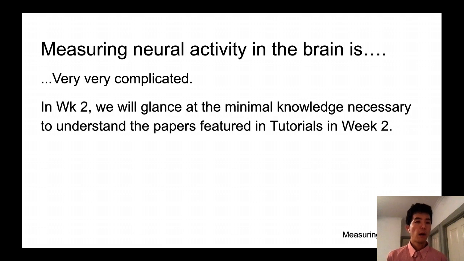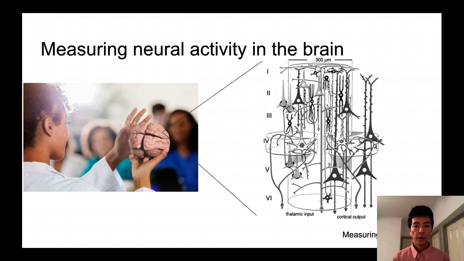As the title of this slide says, measuring neural activity in the brain is actually very, very complicated. To start with, here's the slide that I used in week 1: our brain is composed of this sheet of cortex, whose thickness is roughly 1 to 2 millimeters across all areas of the brain.